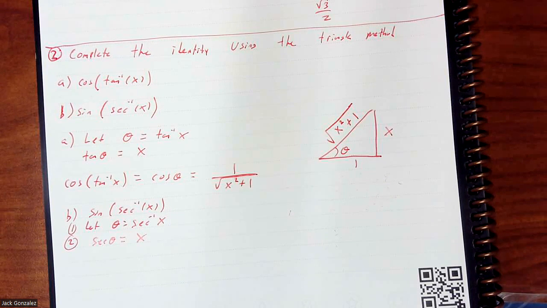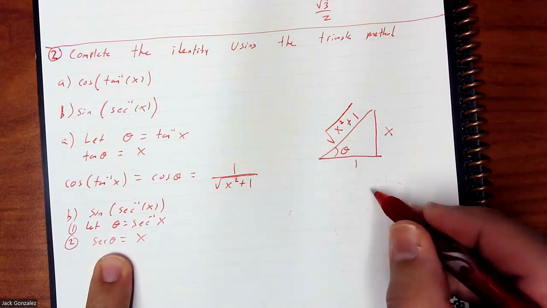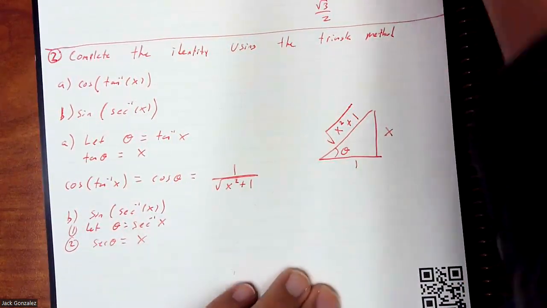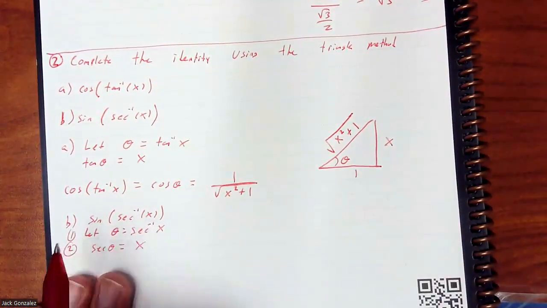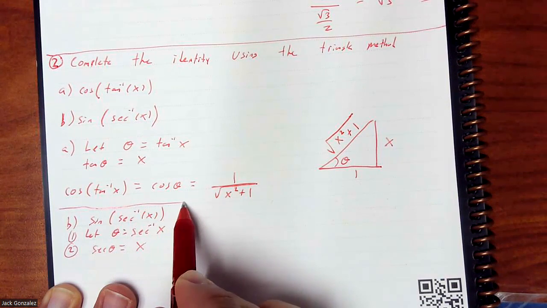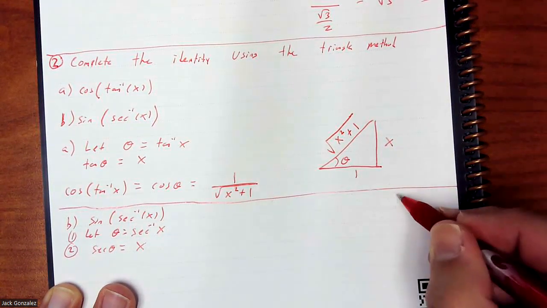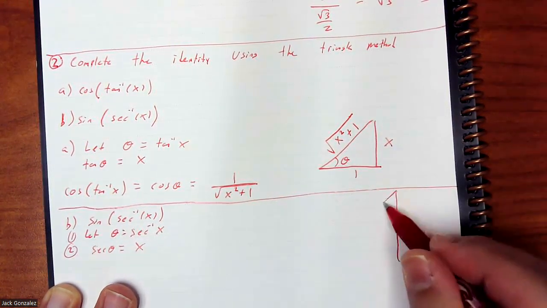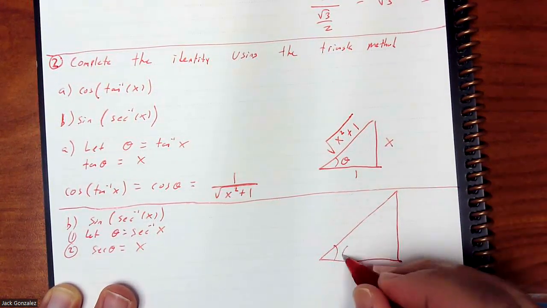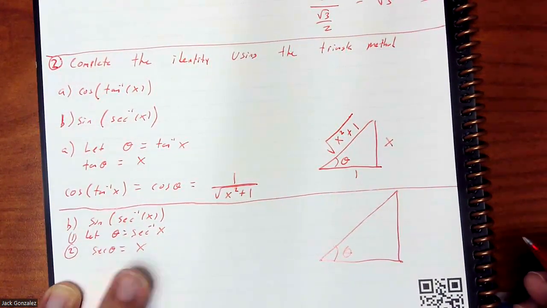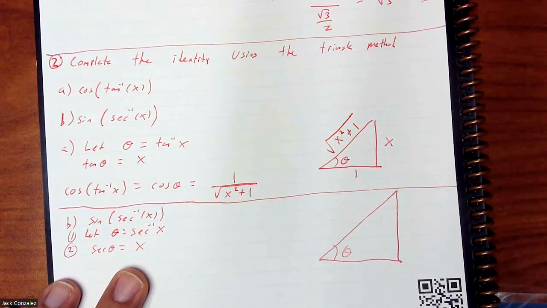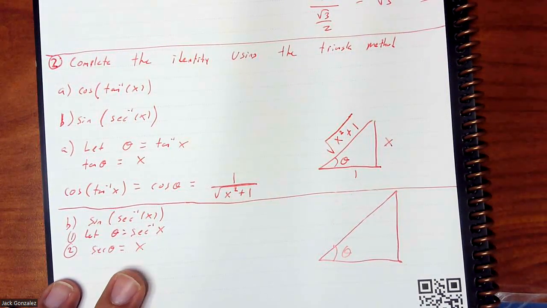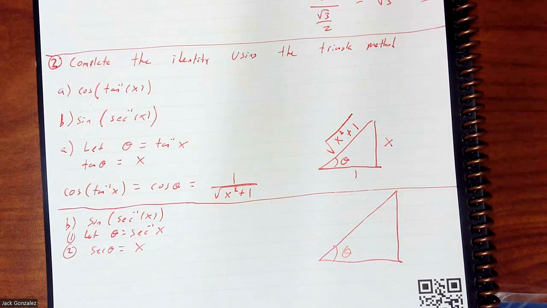Secant theta is equal to X. Build triangle based on this. So what is secant? Defined in terms of triangles. I don't remember.